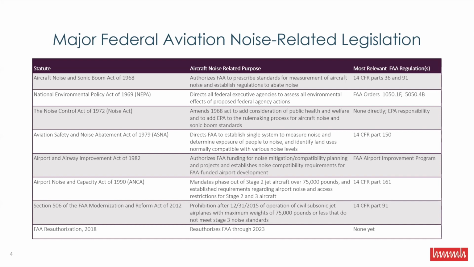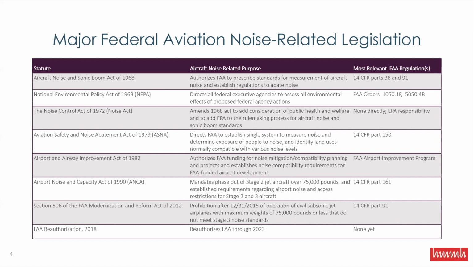All these types of studies are funded through the AIP, and also any measures that the airport recommends in the Part 150, some of those also are able to be funded through the AIP program.